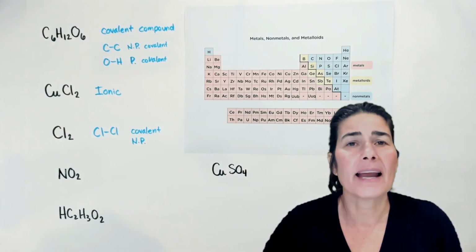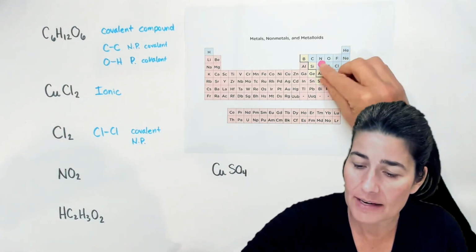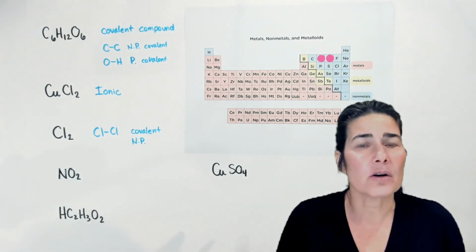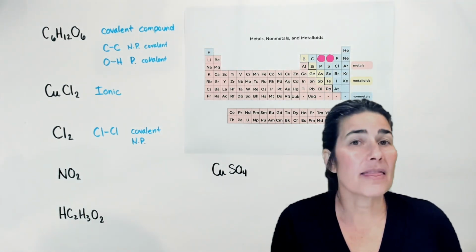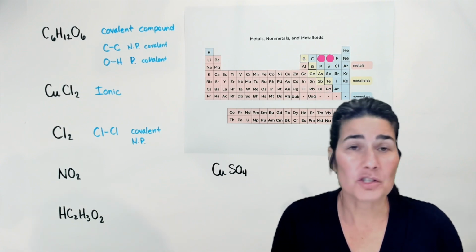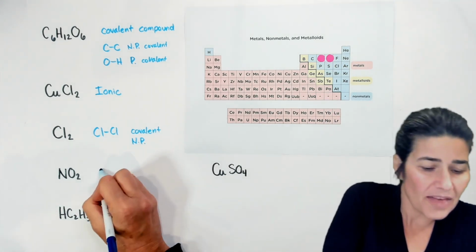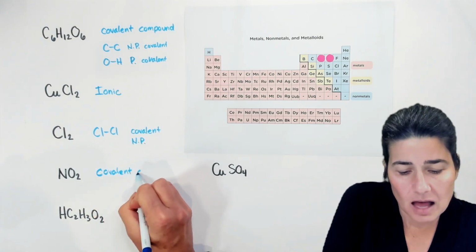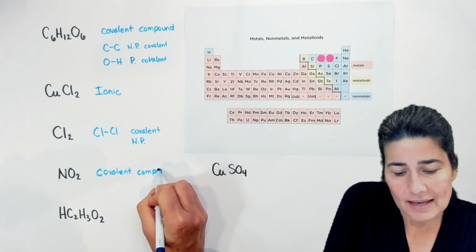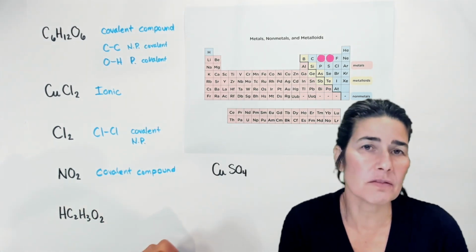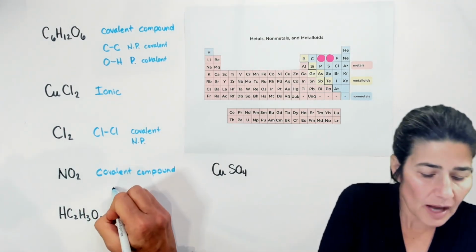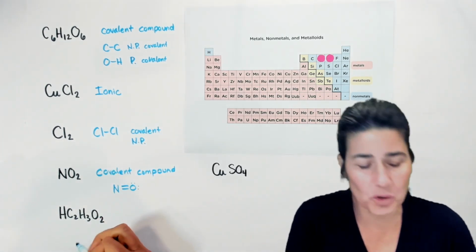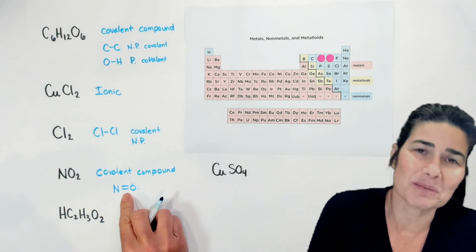Let's try nitrogen dioxide. You've got nitrogen, you've got oxygen right here. So for nitrogen dioxide, they are both nonmetals. 2 or more nonmetals, well, that is classified as, for us, a covalent compound. Now, within that covalent compound, if you looked at the picture, you'd have a bond between nitrogen and oxygen. Don't worry about the fact that that happens to be a double bond.